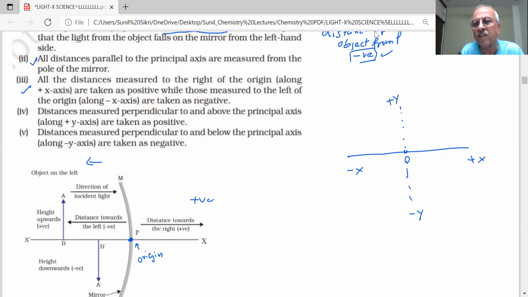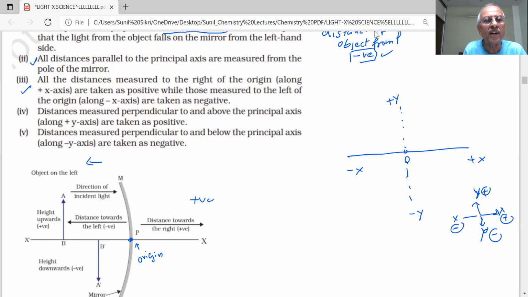This is my x-axis, this is my y-axis. If I go below, this y is minus. Is it clear, the sign convention?